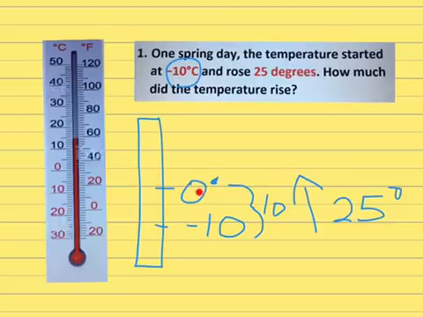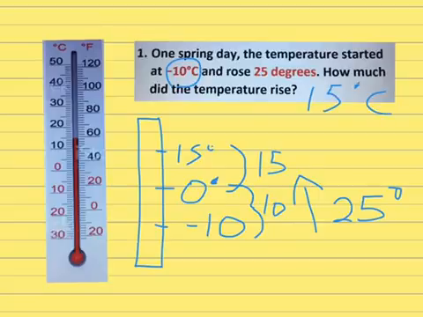So if I go up 15 more degrees from 0, I am going to be at a positive 15 degrees. So how much did the temperature rise? Well, it went to 15 degrees Celsius, and that would be the answer to your problem.